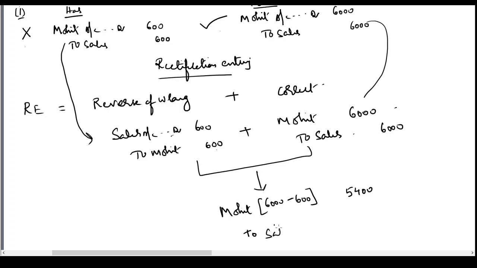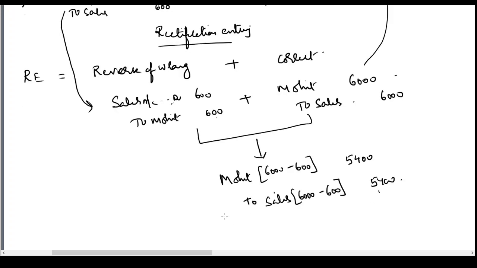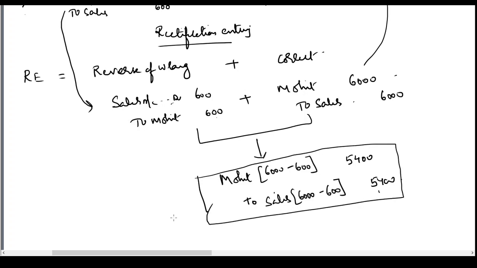So sales account would be credited with 6000 minus 600, 5400. So this is the rectification entry I would have to pass. So the rectification entry would be Mohit account debit to sales account. This is the entry I have to pass now.